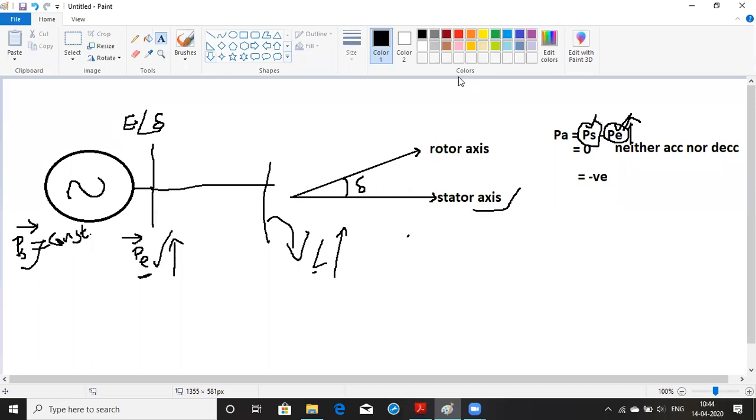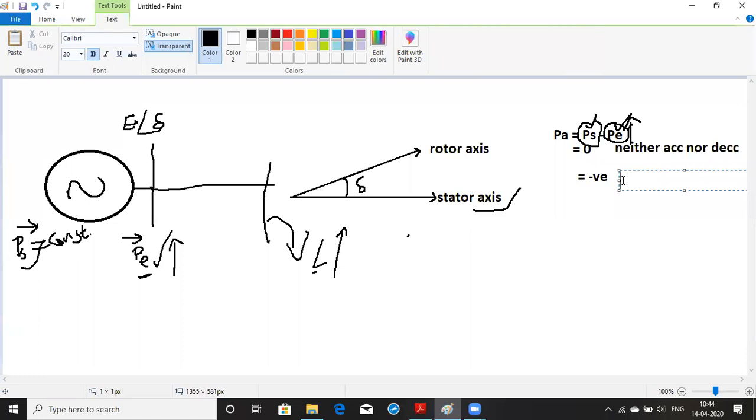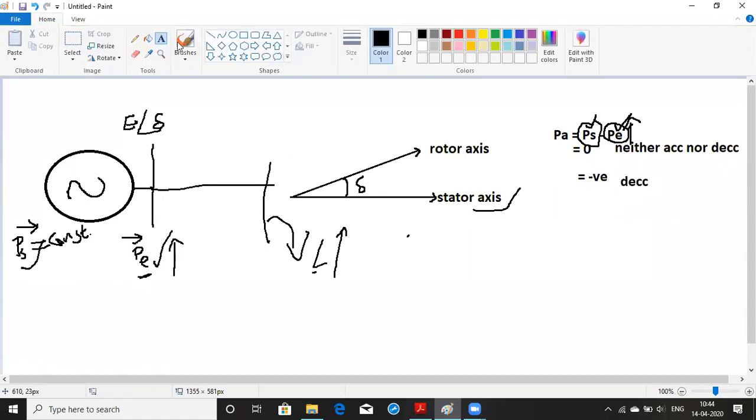That indicates that just because of a negative value, it will start deceleration. It will start deceleration means this rotor axis is going to move towards the stator axis when it is under the deceleration condition, and there is a change in the delta.